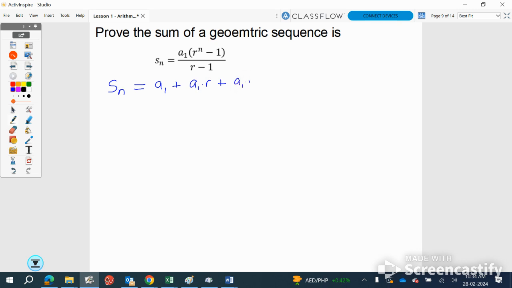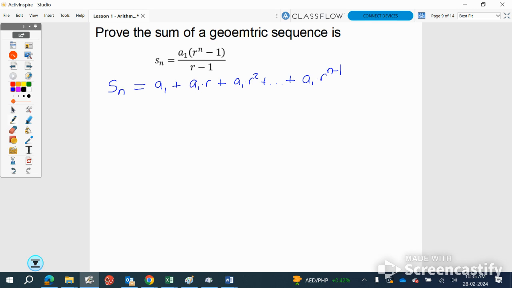A1 times R squared, dot, dot, dot. What's the last term in the sequence? A1 times R to the n minus 1. This is the expansion of the sum, isn't it? We can see all the terms here now.